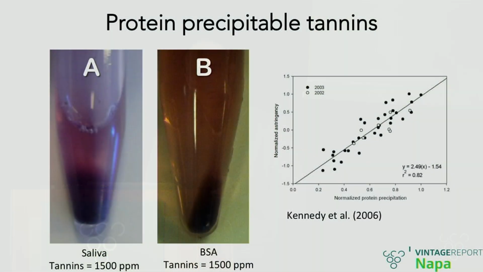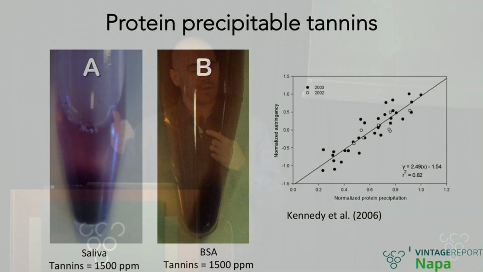The Adams-Harbertson assay uses a protein, okay, which goes by the name of BSA, and Dr. Harbertson has published research that suggests that the tannins that we bring down with BSA are pretty much the same tannins that we can precipitate with our saliva. And this is why these protein precipitable tannins correlate pretty well with perceived astringency.